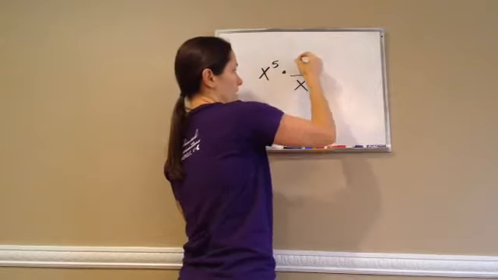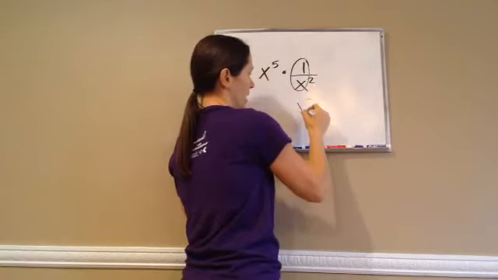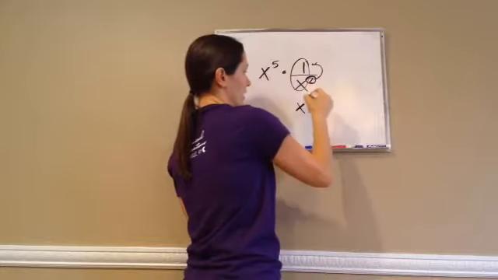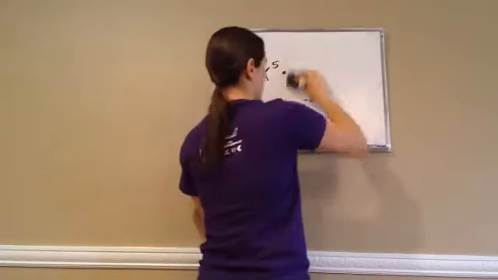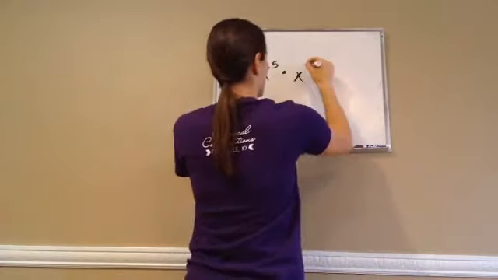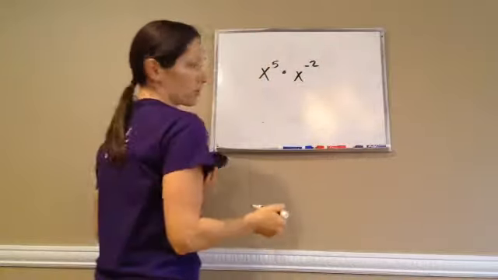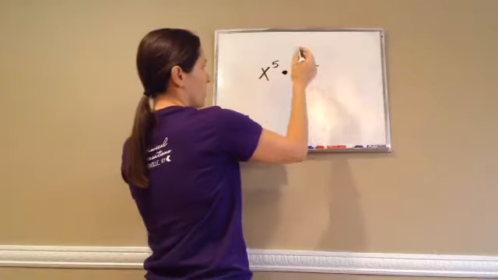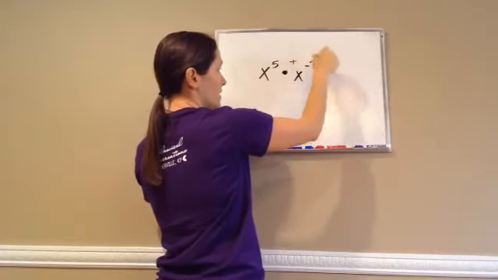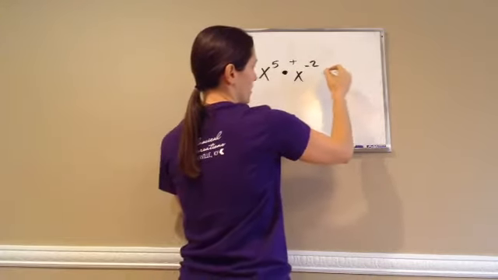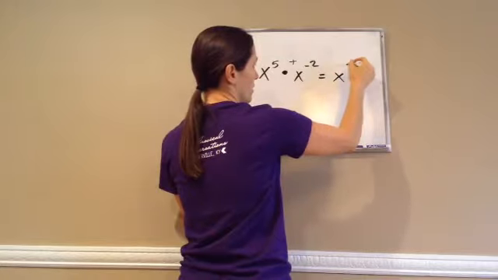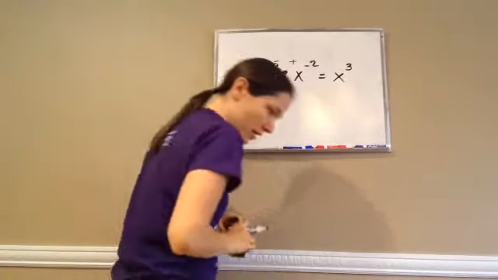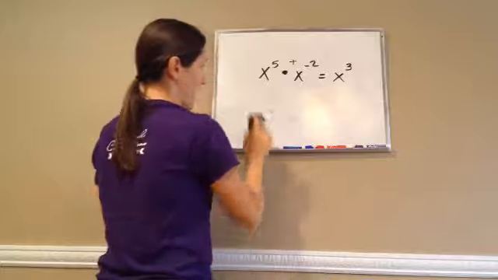So let me move this, x to the negative 2, and now it becomes a problem we're used to. When you're multiplying variables, you do 5 plus negative 2, which becomes x to the third. So that's the answer.